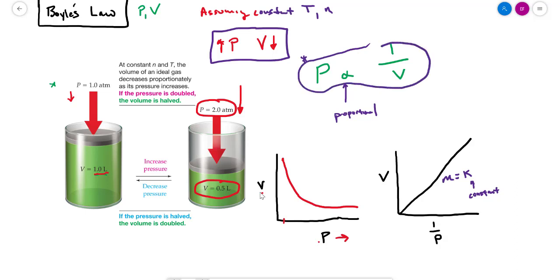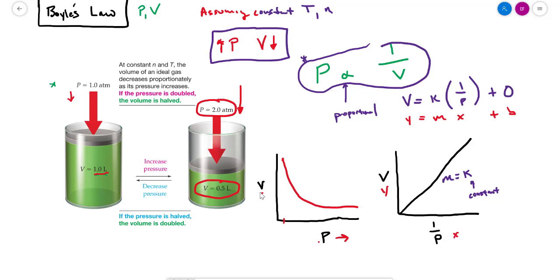And so that is the constant of proportionality, which we could write this equation out as V equals K times 1 over P plus 0. This being the equation of a straight line. Remember from high school algebra that this takes on the y equals mx plus b relationship, where y in this case is V, right? It's on the y-axis.